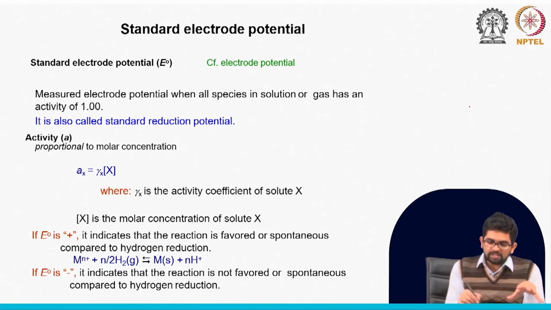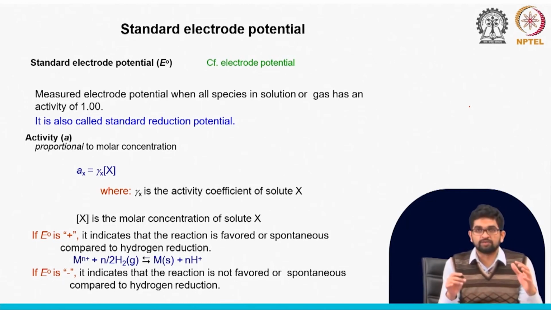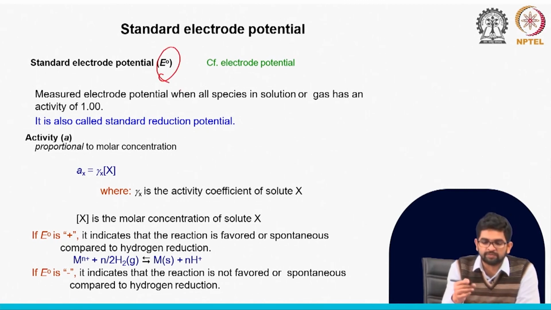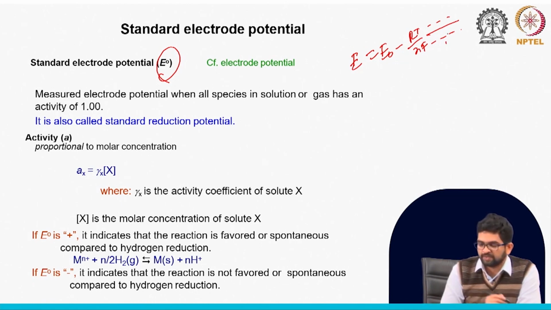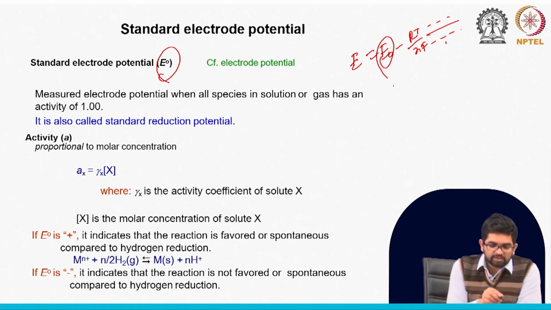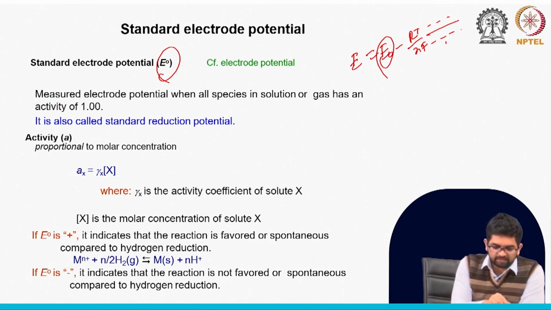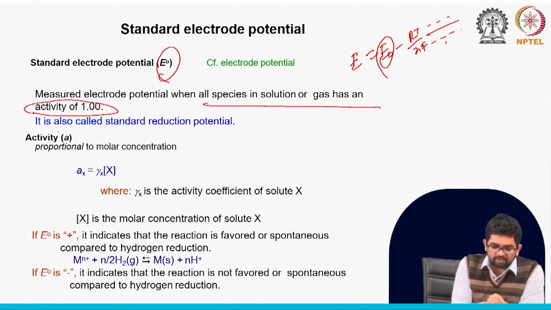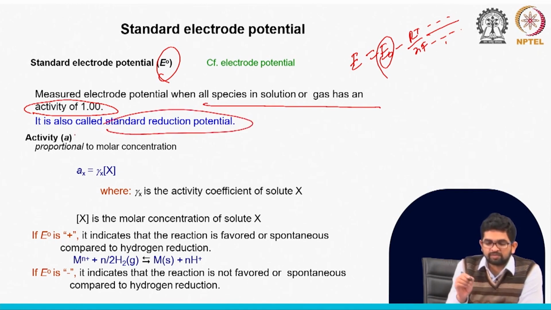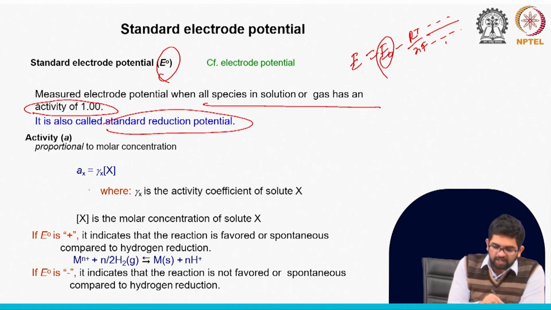In this slide I am going to show you the E0 values that I told you about. As I mentioned, E equals E0 minus RT by nF, then all the activities of the species you have to mention here. So, what is the E0? E0 is the standard electrode potential. The standard electrode potential is the electrode potential measured when all the species, solutions or gas, have an activity of 1, and it is also called the standard reduction potential, because we are representing the reduction way.